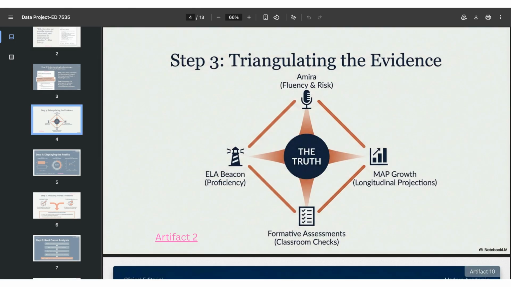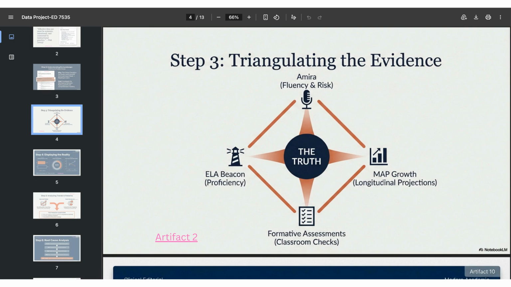Rather than relying on one data source, we triangulated multiple meaningful measures. Those measures included a mirror, ELA beacon, map growth, and formative classroom assessments. These data sets were selected because they collectively provided a comprehensive view of student performance. Technology was also leveraged to enhance data display.